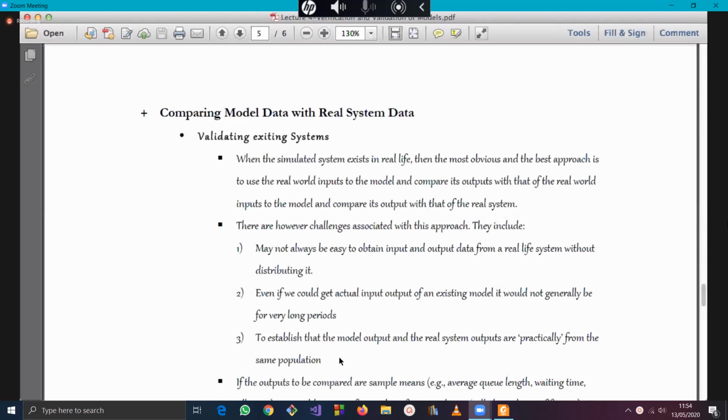For instance, currently we are experiencing COVID challenges. Maybe next year we might not have the COVID challenges. So in that particular circumstance, they are different, and therefore the output is likely to be different.